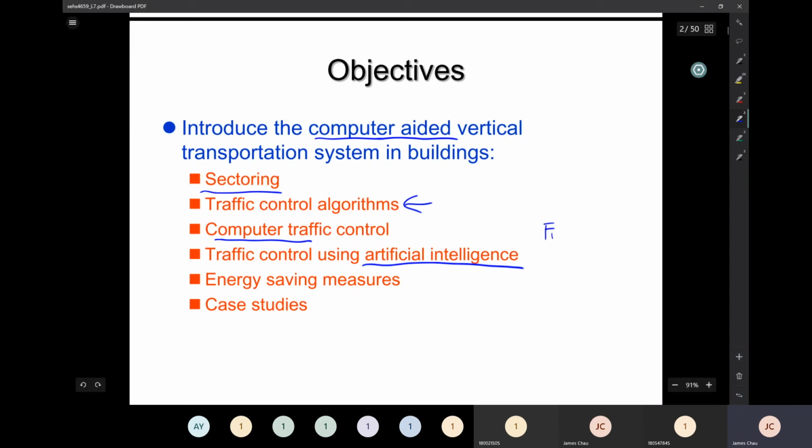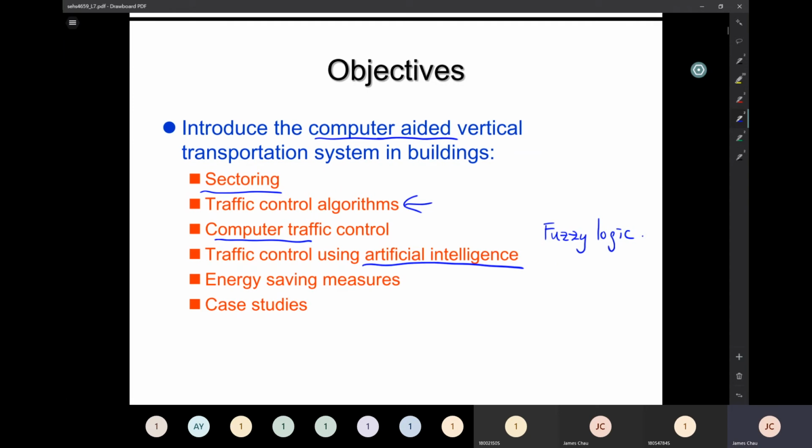It is fuzzy logic. The others may be too difficult for you, because we cannot spend only half an hour to explain artificial intelligence to you. Therefore, I only select one topic to describe to you.